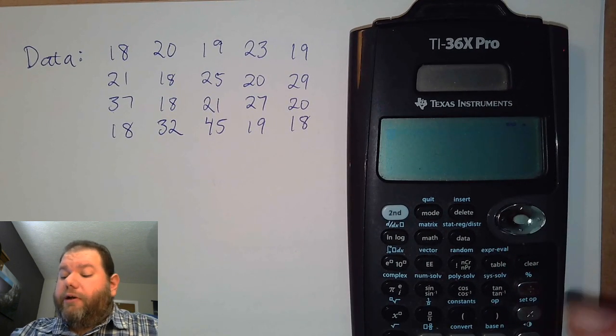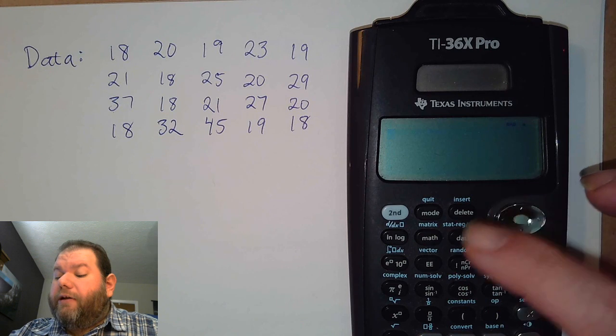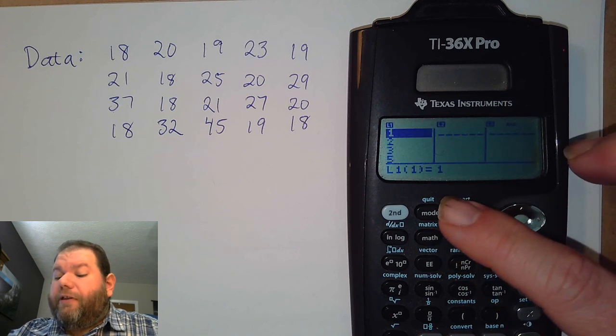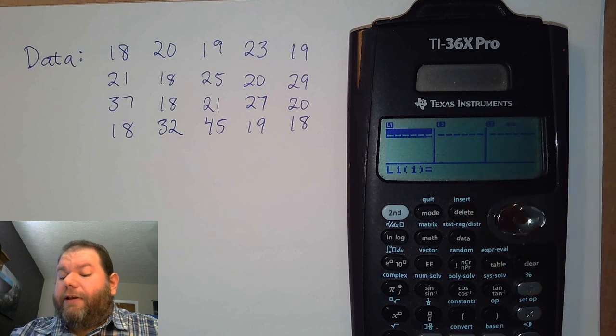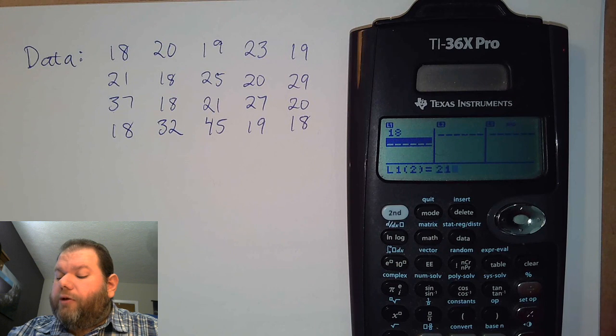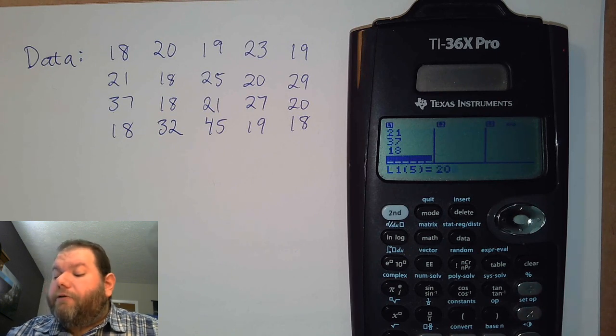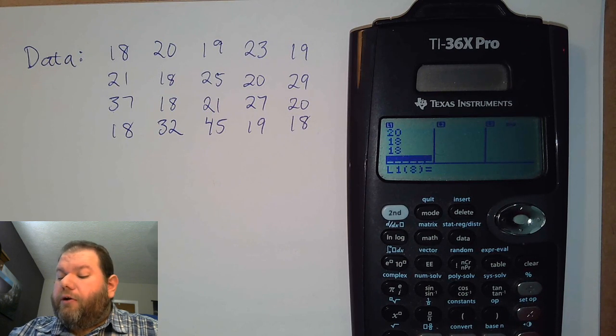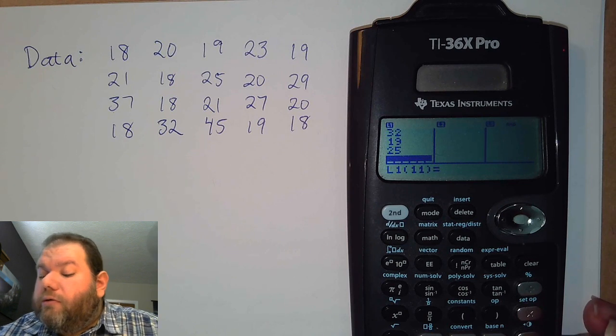So once again, we'll enter our data into the calculator. I think when we first looked at the calculator, I already had the data in there, and I managed to delete it, so that's my bad. I'm just going to go by column: 18, 21, 37, 18. Make sure I hit that 0. 18, 32. 21.